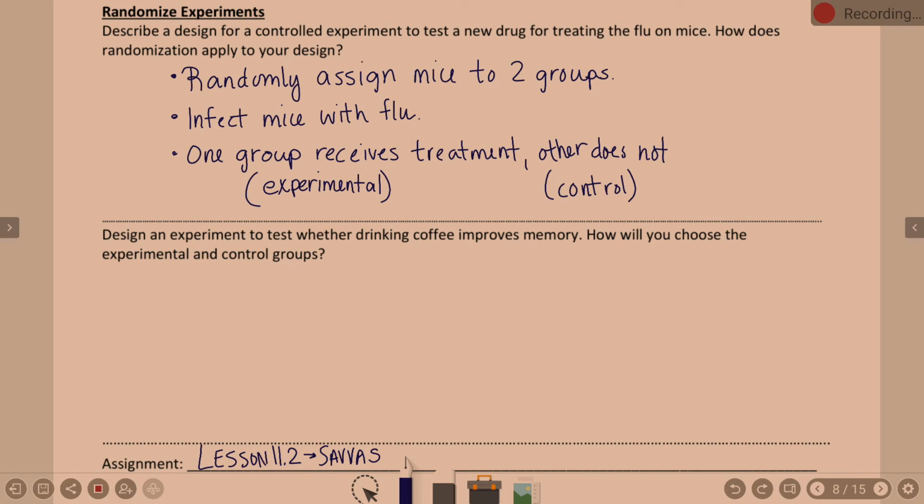Probably should, yeah. I didn't think to mention that, but actually we can put that in there. Okay. Two groups, right? The control group is no coffee.